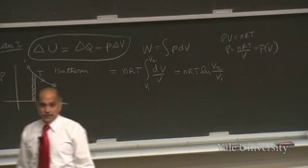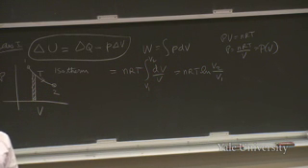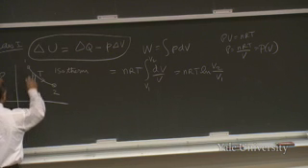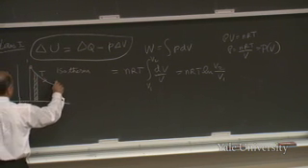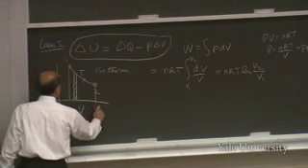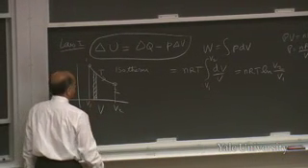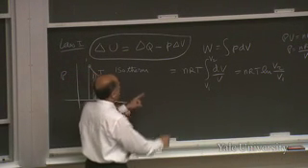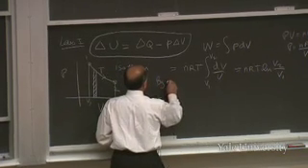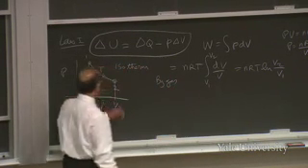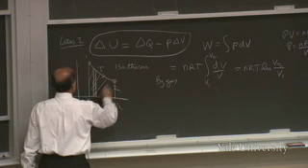So we have done our first work calculation. When the gas goes on an isothermal trajectory from start to finish, from volume V1 to volume V2, the work done, this is the work done by the gas. You can all see that. Gas is expanding. And that's equal to this shaded region.